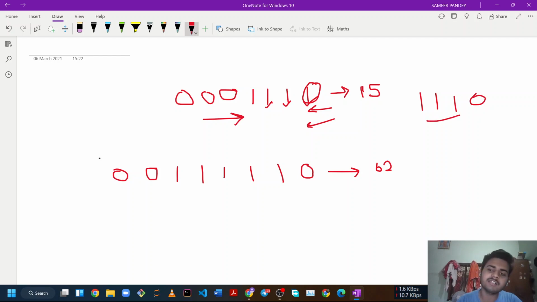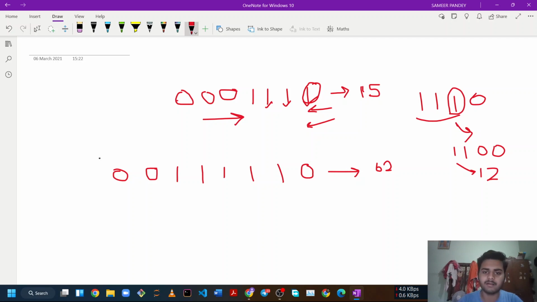Again we observe three consecutive ones, so again I unset the rightmost, which gives the maximum value. This becomes 1 0 0, and its value is 12. So when we traverse from the right side, we get the value 12.